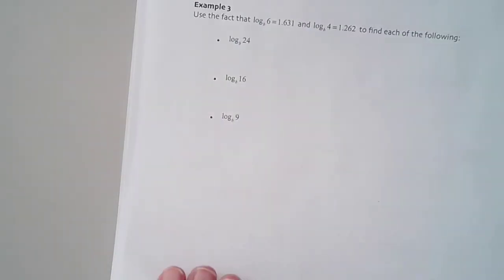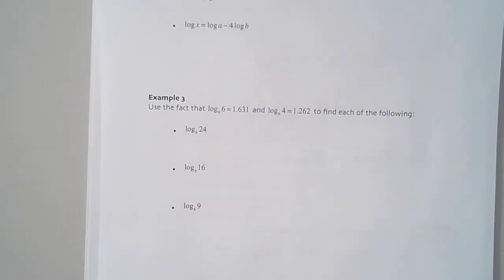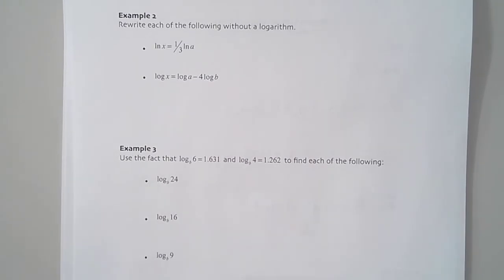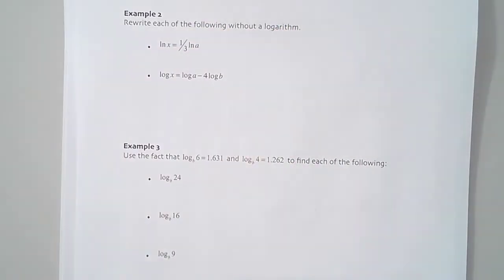Okay, let's keep going here. So this next one says, rewrite each of the following without a logarithm. Okay, be careful here because I see people all the time want to just come through and start crossing out the logs, like you're canceling it out, right? You can't divide by a logarithm. You can't cancel out the logarithms by just dividing by log all the way through. That's like dividing by a plus sign, okay?